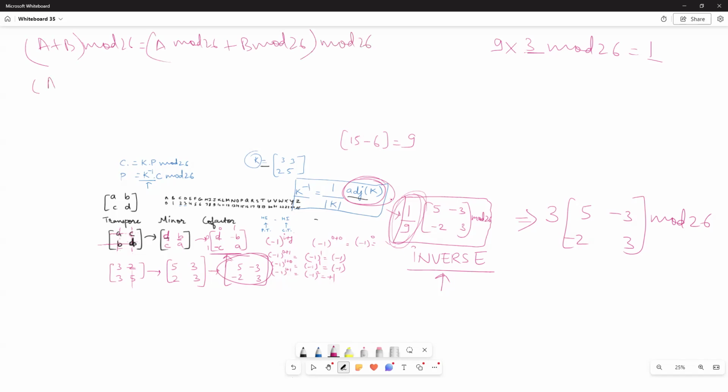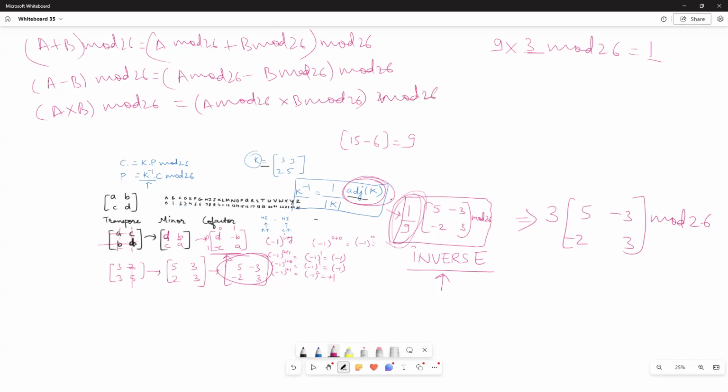If it is a minus b mod 26, that is also okay, which is a mod 26 minus b mod 26, and the whole thing mod 26. And whenever it is multiplication, that was also okay, which was a mod 26 times b mod 26 and the whole resultant again mod 26.